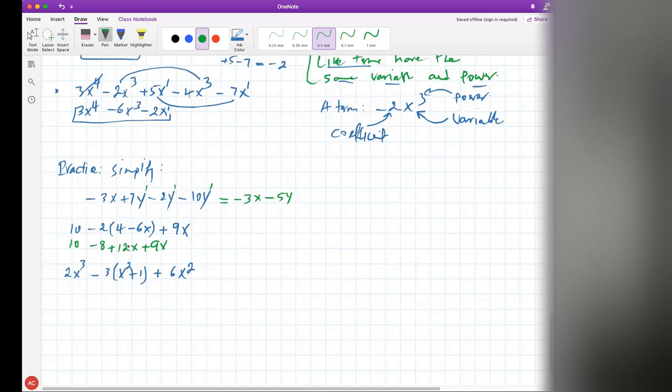Plus the 9x. You combine. 12x plus 9x, that's right, 21x. These two together into one. Basically it's technically just doing multiplications and additions, just like the order of operations. The only thing is where we introduced x.